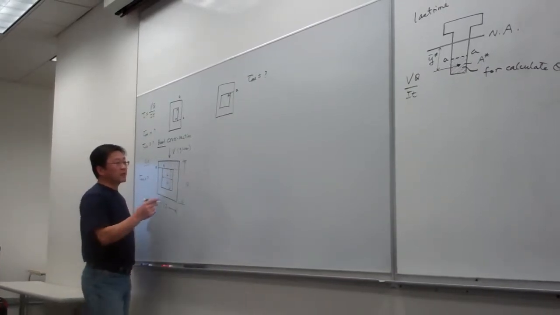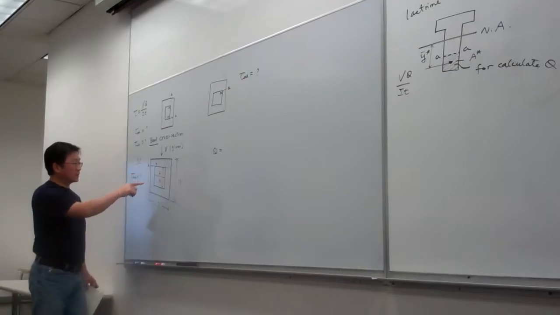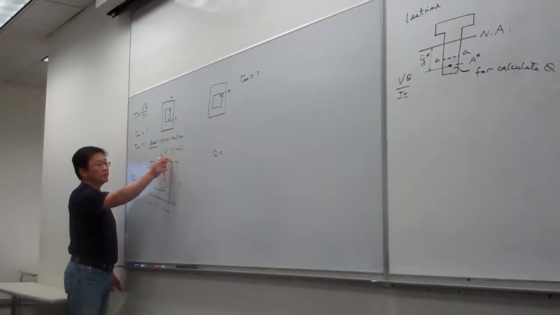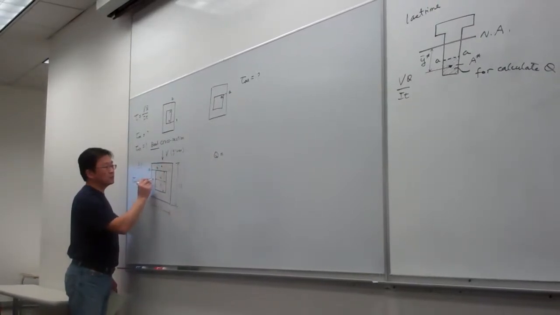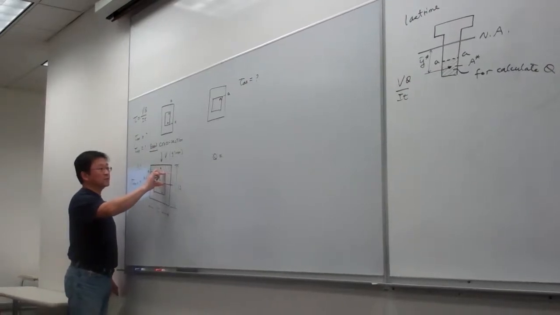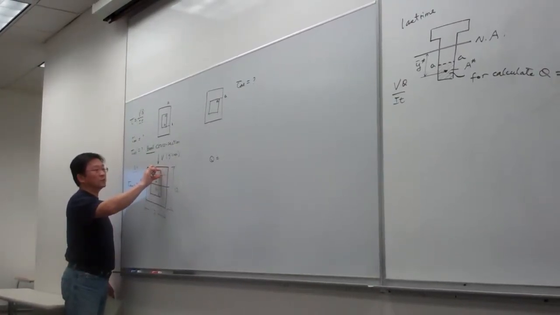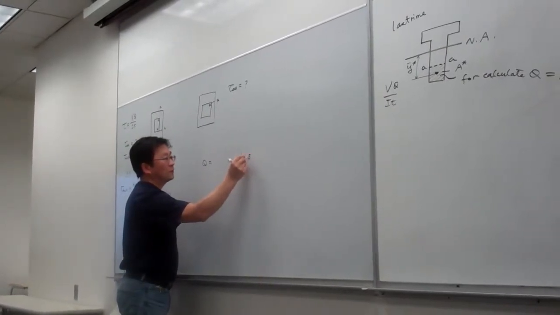And for this case, we calculate Q. For example, in this dimension, this is 12, and this is 3. Centroid from this to the neutral axis: this is 3, 3 by 3 plus 1.5 is 4.5. So the y bar is 4.5.